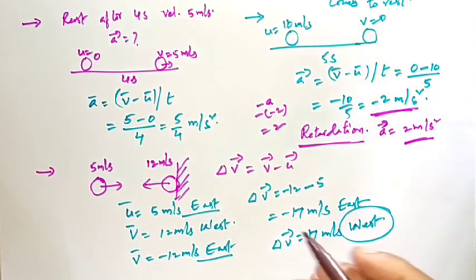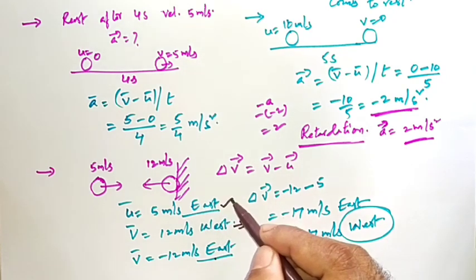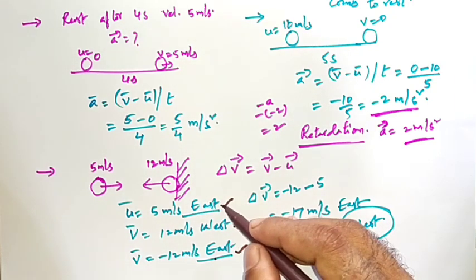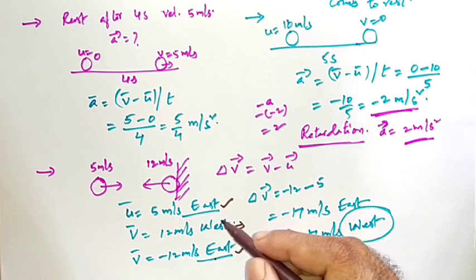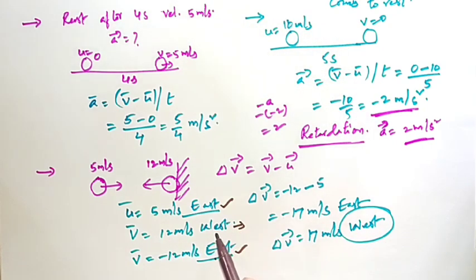This is very important. Here, the final velocity is west. I have changed it to east because I cannot add or subtract unless they are in the same direction. To put it into east, I should keep a minus symbol, because opposite to west direction is east. So, minus east.